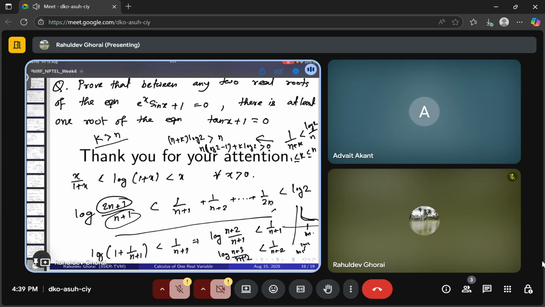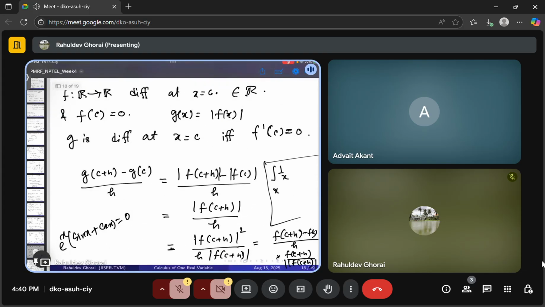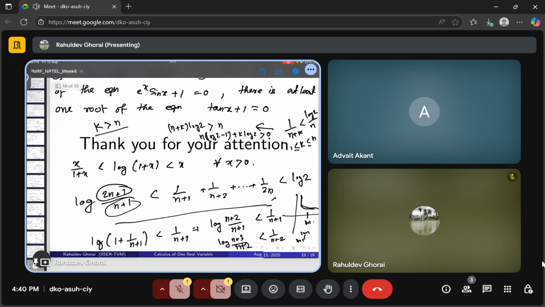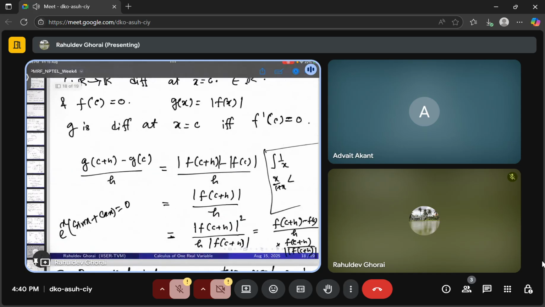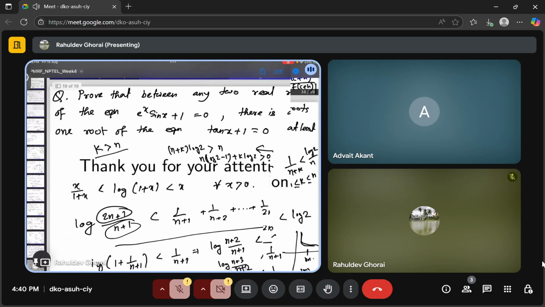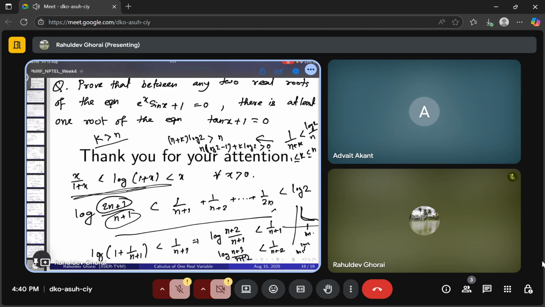So for x by 1 plus x, you have x by 1 plus x is less than ln of 1 plus x, right? Yes, ln 1 plus x. That is already here. This first part, which you have proved, I did not do.